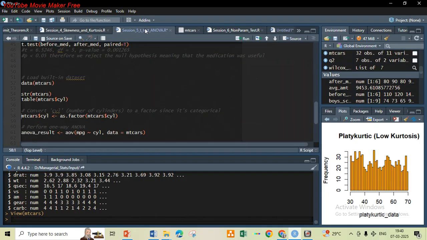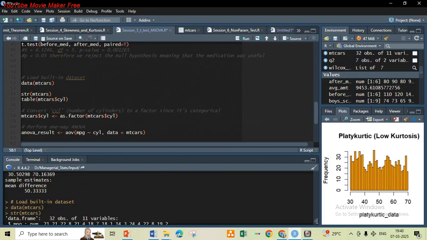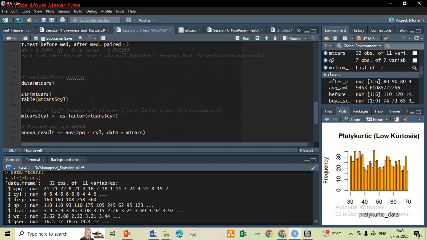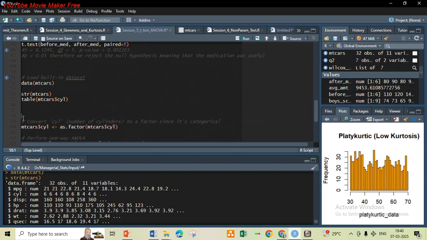There is a variable called cylinder here, the number of cylinders in the engine. We could see that it's a numeric column right now with 6, 4, 8, etc. So what we can quickly check is how many different values this variable basically takes.